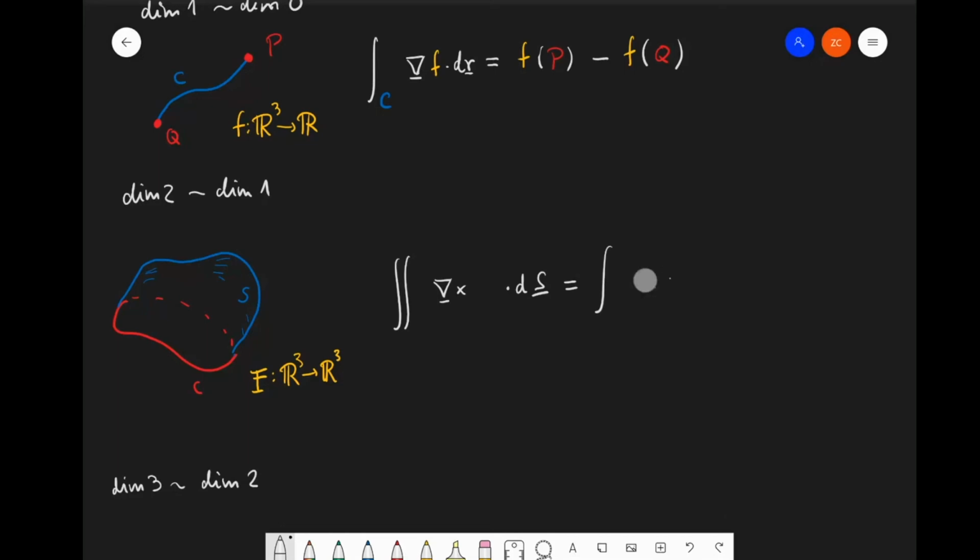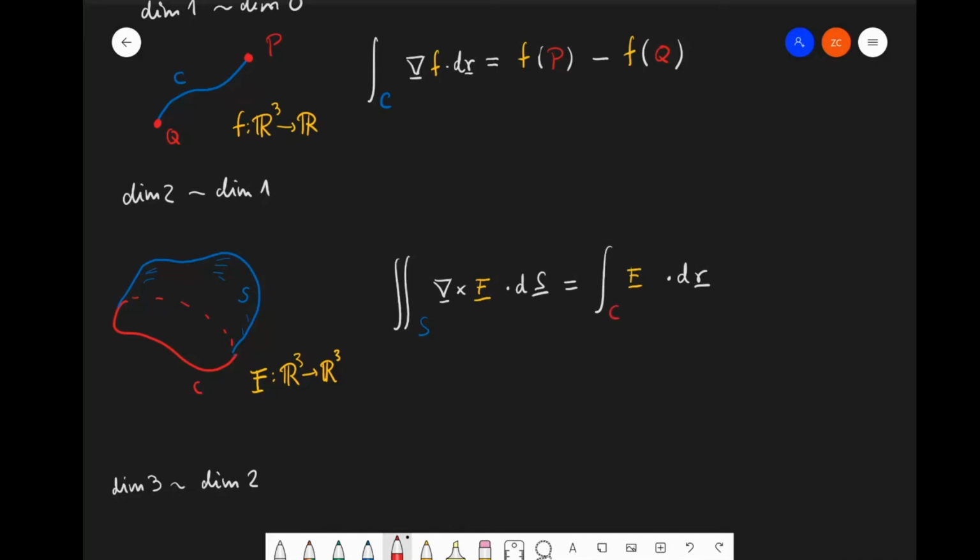Oops, should not be the R, right? So now I fill in with the colors so that you see where things manifest. Our integrand appears in the higher dimensional integral under a differential operator, and in the lower dimensional integral appears as it is. And then the surface integral, well, it's just blue, and the curve, the line integral, is C, which is the boundary of the surface.